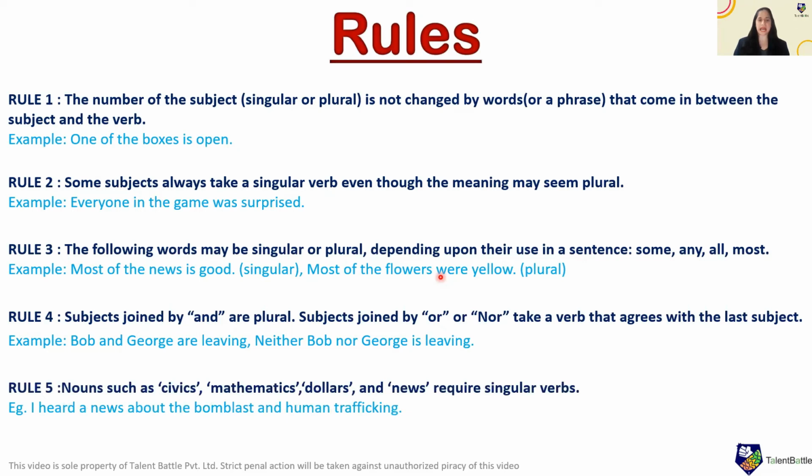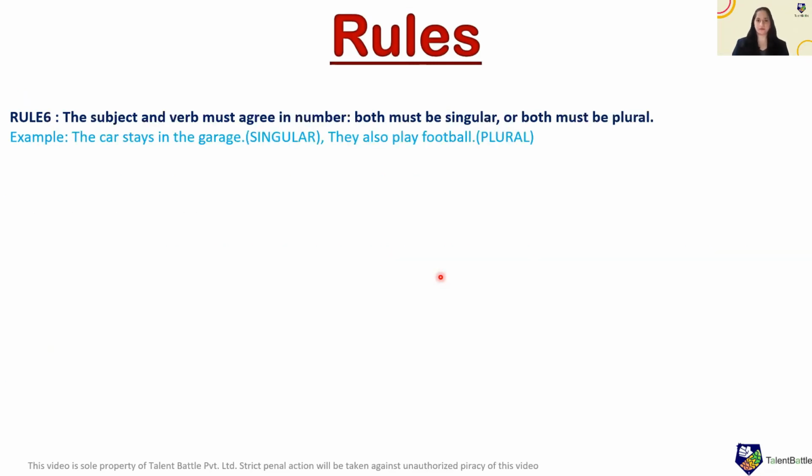Next rule, nouns such as civics, mathematics, dollars and news require singular verbs. Even if there is s at the end, it is not plural, it is singular. Next rule, the subject and verb must agree in number. Both must be singular, or both must be plural. If you're talking about a car, it's singular.